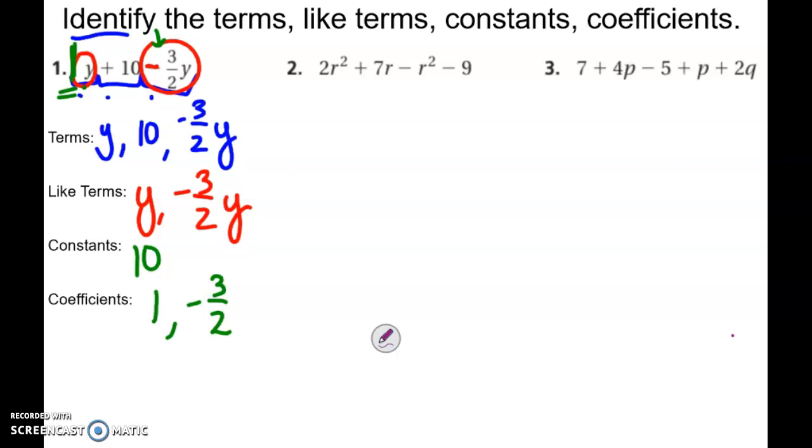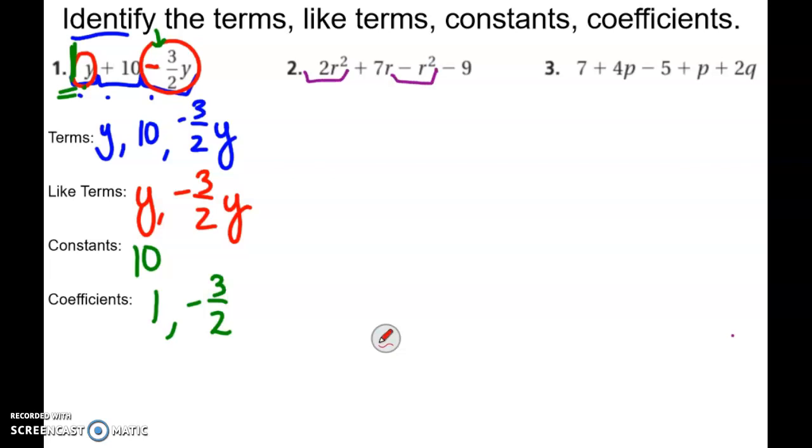So let's talk about the next one. I'll color code it with you, and then I want you to go back and write down the terms, like terms, constants, and coefficients. Okay? All right, so in number 2, I see r's and r squareds and a plain number. Okay? So my like terms, looks like I have r squareds and -r squareds.